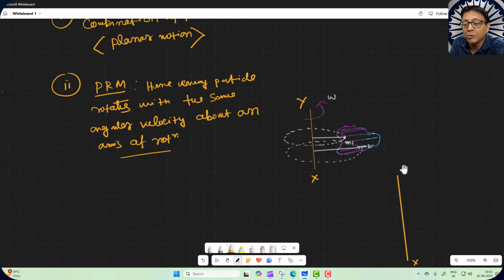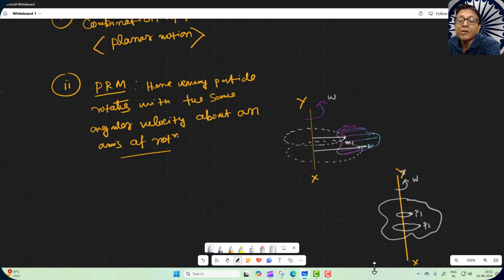XY the axis of rotation, and this is the rigid body. Okay? Axis of rotation I kept fixed here only. This is a particle describing a circular path because the whole rigid body is rotating about this axis of rotation. Angular velocity of particle P1 coincides with angular velocity of particle P2, and that will be omega.